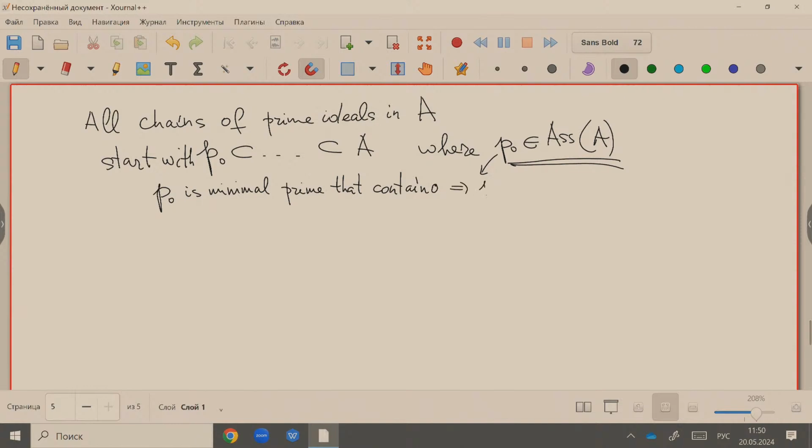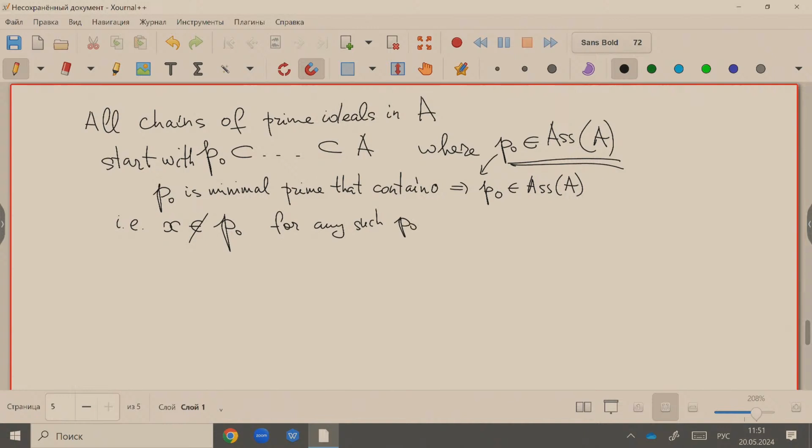This means that P0 belongs to the set of associated primes and is minimal there, and this implies that x is not contained in any such P0. So the chains starting at x cannot start with P0.